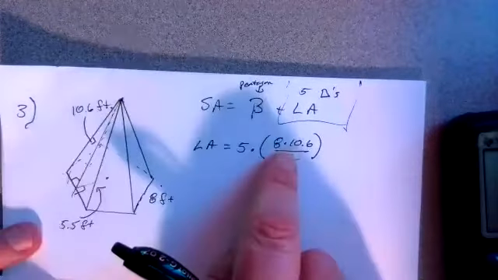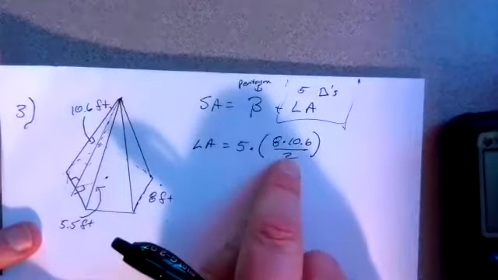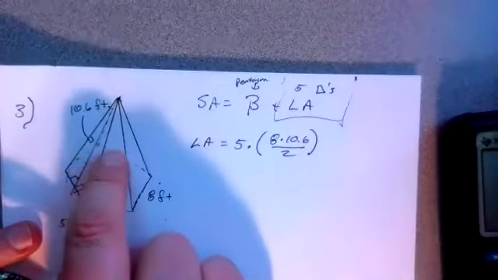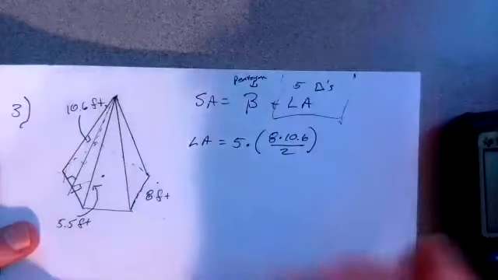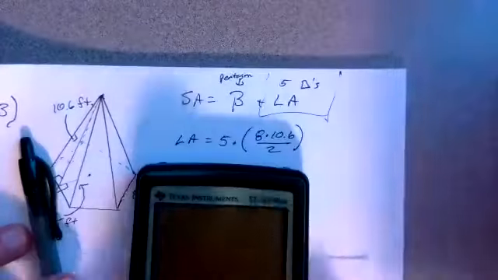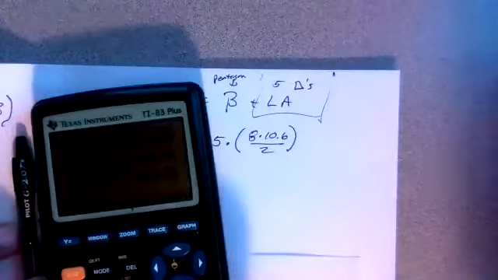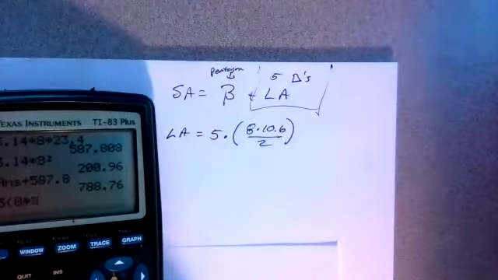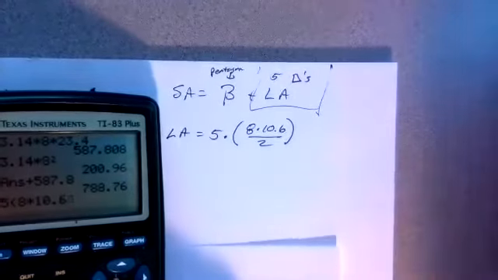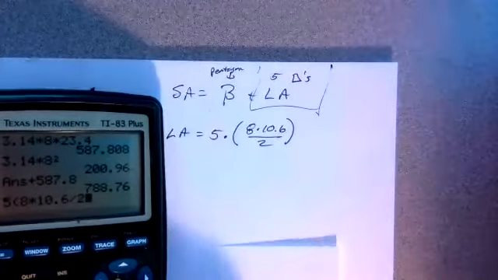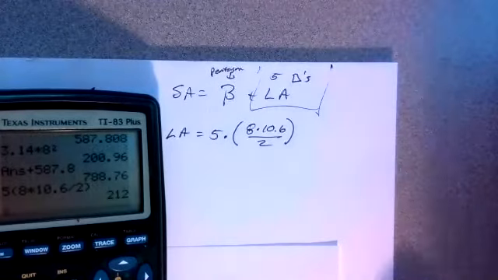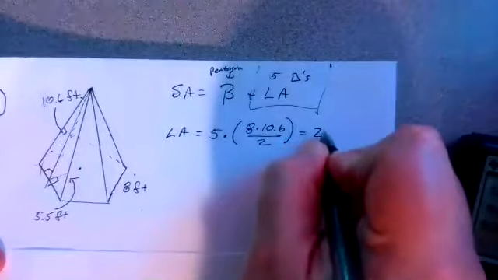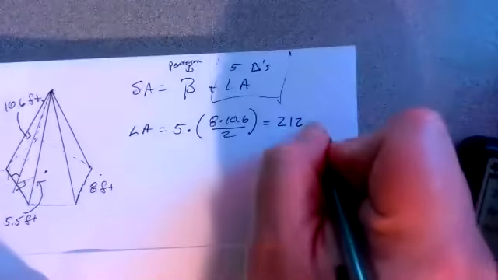Multiply that by 5 to get all 5 of our triangles for the lateral area. So I can do this in my calculator. I get 5 times, I open up parentheses, 8 times 10.6 divided by 2 is 212. Oh, that worked out real nice. Equals 212 square feet.